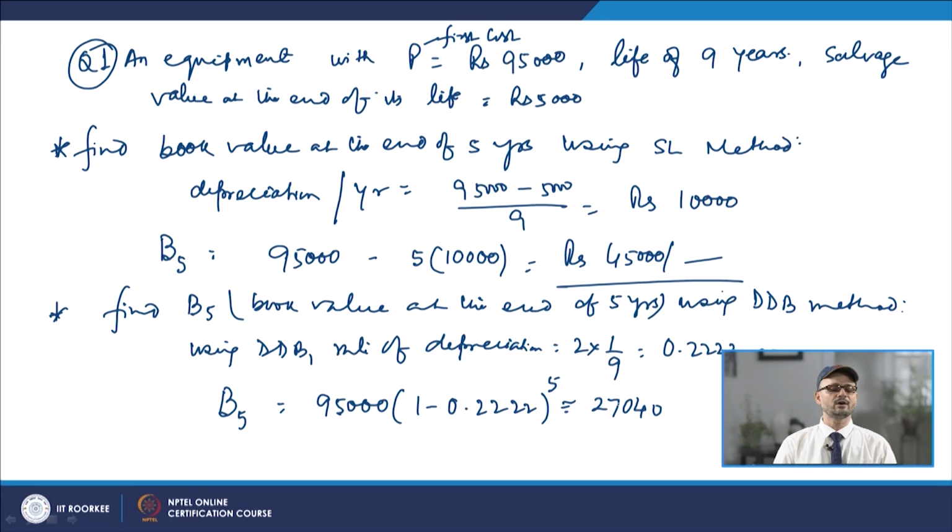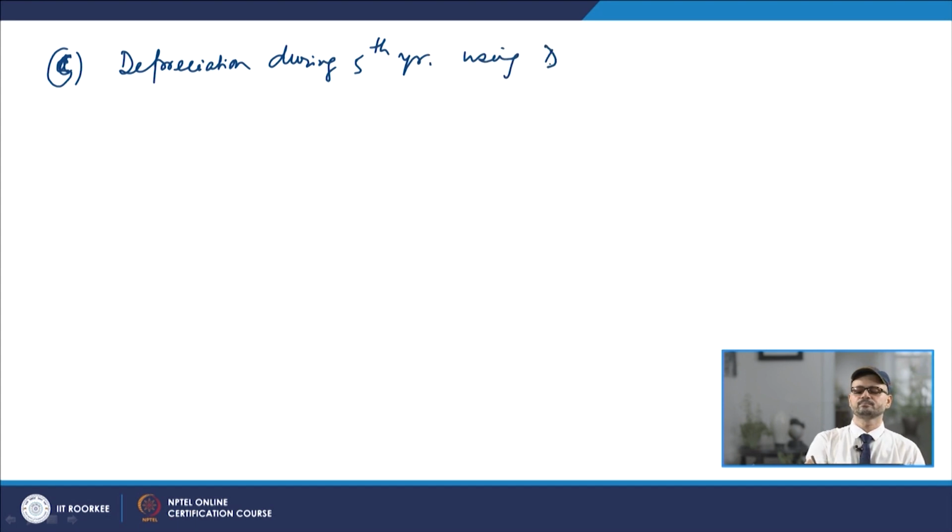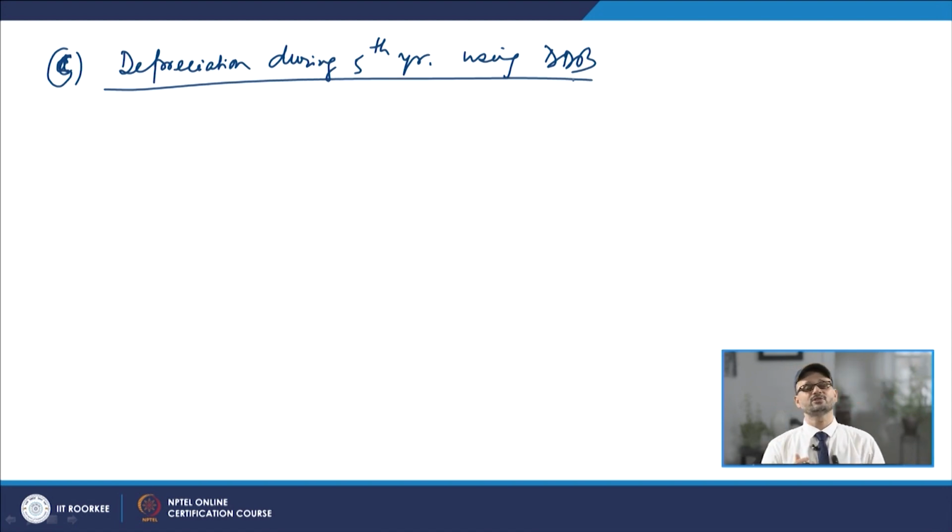Then, if you are told to calculate part C, the depreciation during the 5th year using DDB, we know that it is alpha times (1 minus alpha) raised to the power 4, multiplied by the first cost.